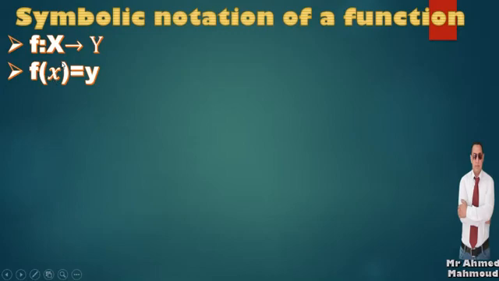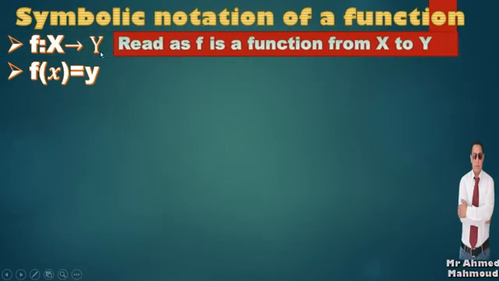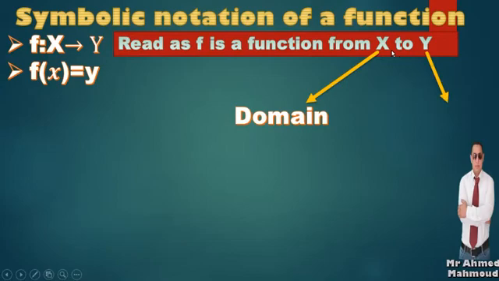Then this symbol is read as f is a function from x to y, where x is the domain of the function and y is the codomain of the function.